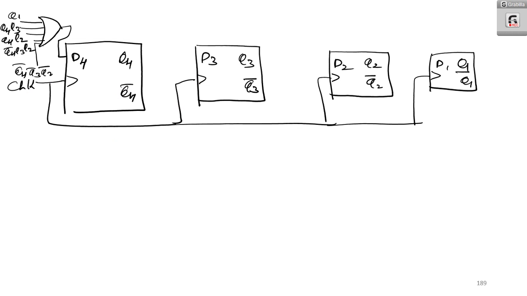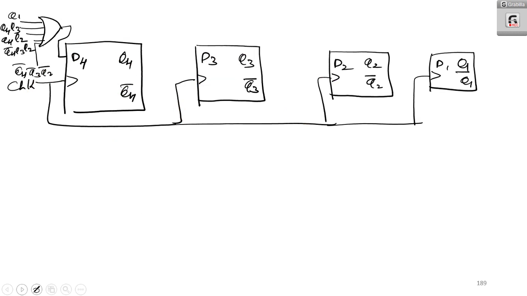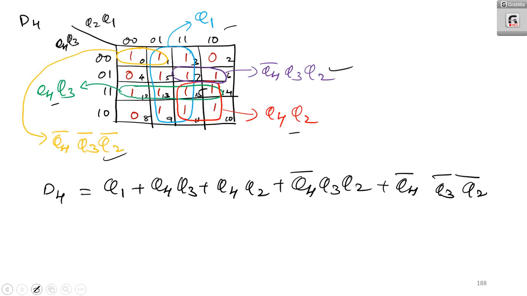That is D4. Now what is D3? D3 is Q4 Q3 bar Q2 bar Q1 bar, because I am not drawing the entire circuit. Now what is D2?